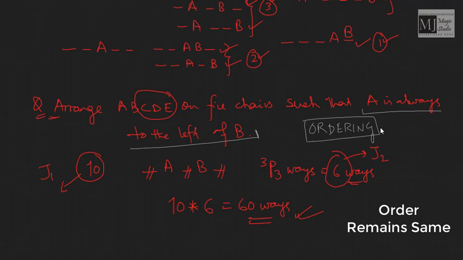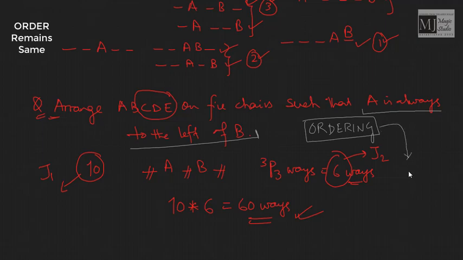The very easy way to solve this is to find factorial n by factorial r, where r is the number of ordering members, the members who shall maintain the order.